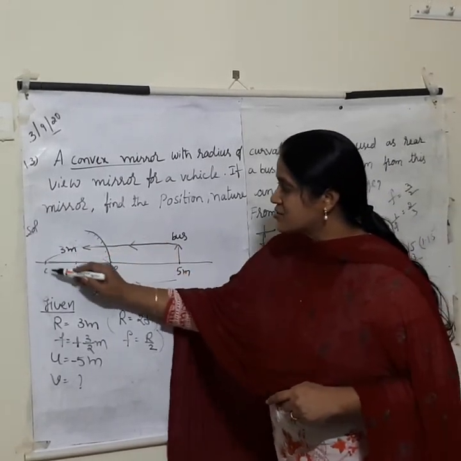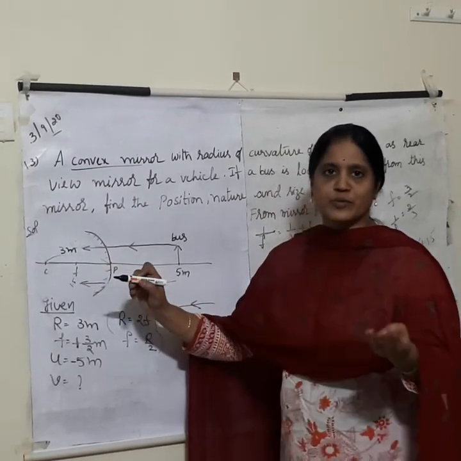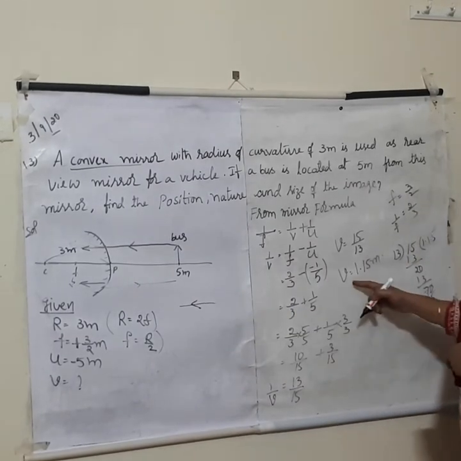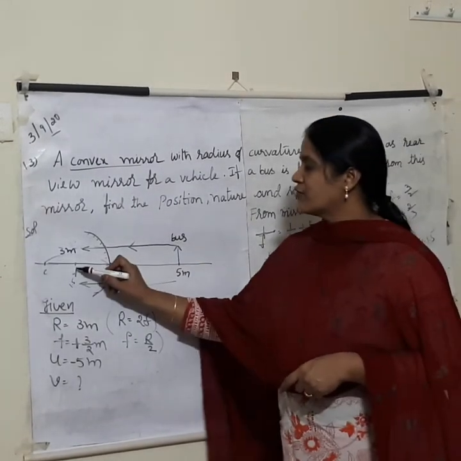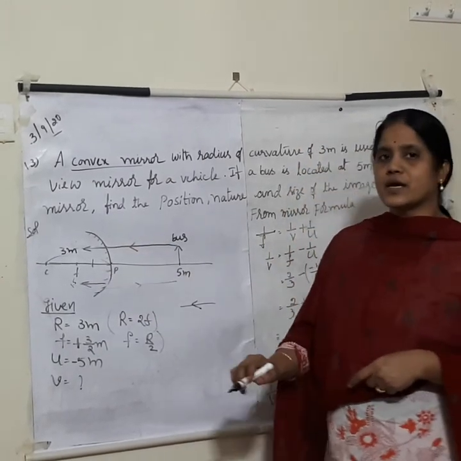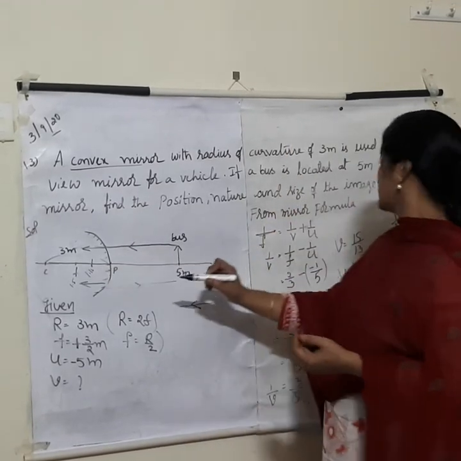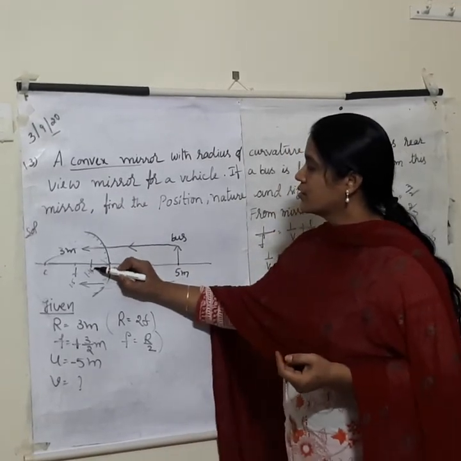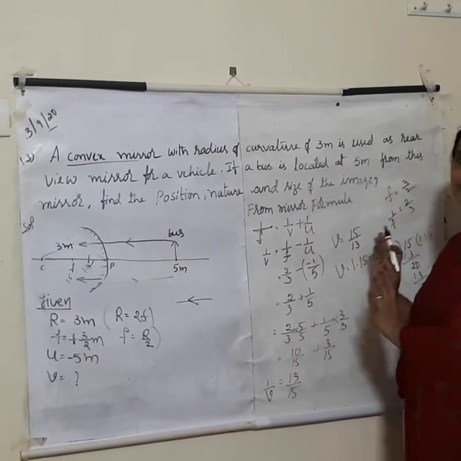This radius is 3 and focal length is 1.5. 3 by 2 means 1.5 only. Now V is how much? 1.15. So in between the focus and the pole, you may get the image. Understood? Next, the image distance is finished.